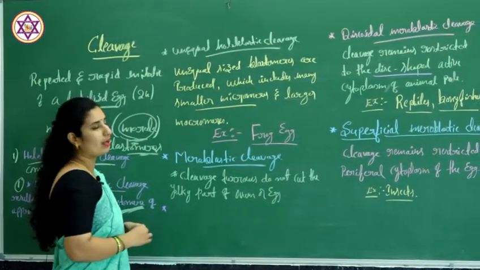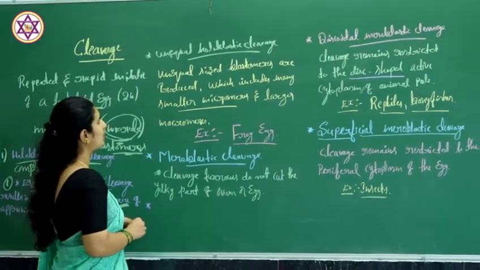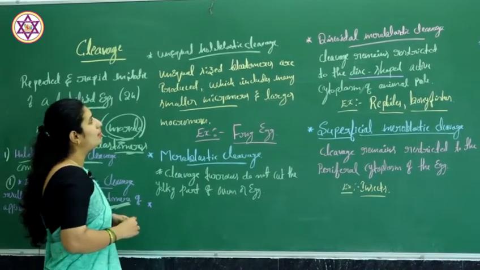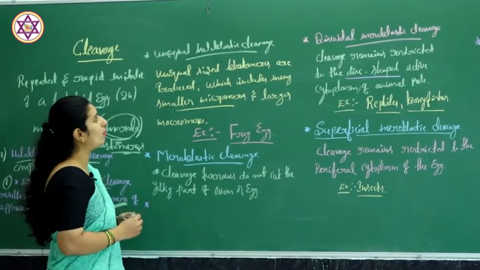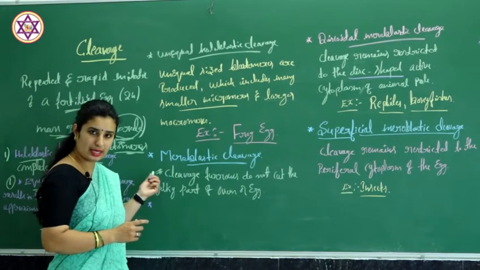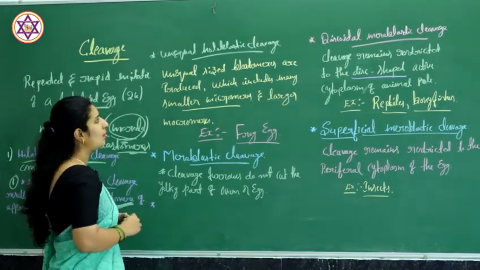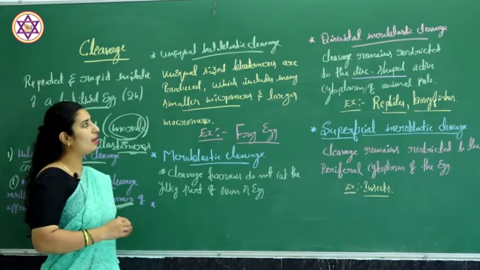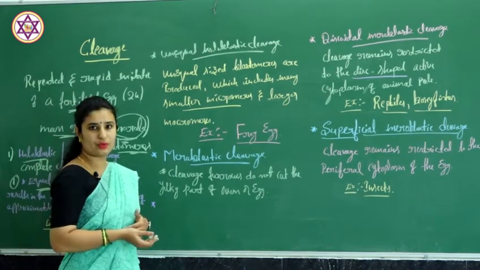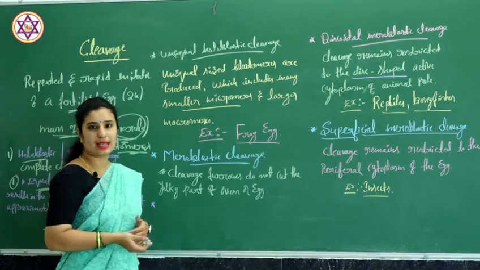Coming to the second type under the holoblastic cleavage, the other one is unequal holoblastic cleavage. Here, blastomeres form which are unequal sized.